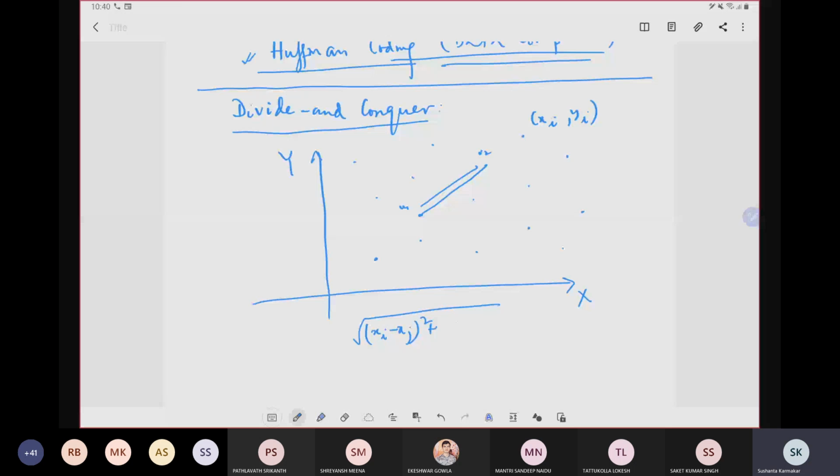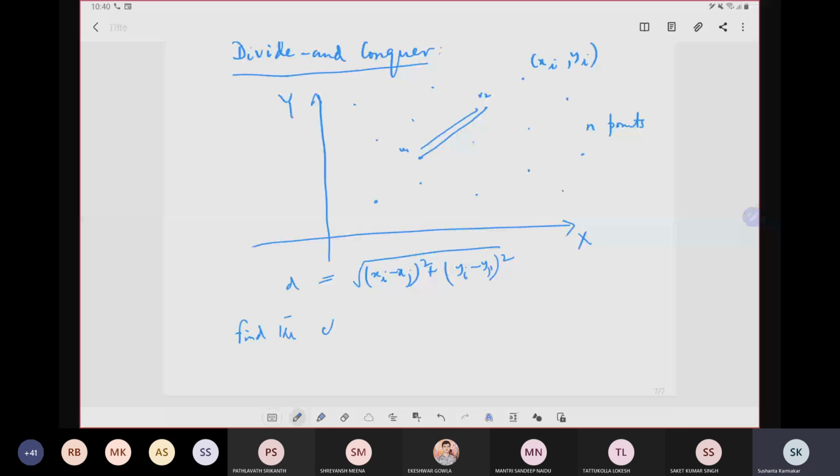This is the distance between those 2 points. So now let's say there are n points on the plane. The question is this: find the closest pair of points.